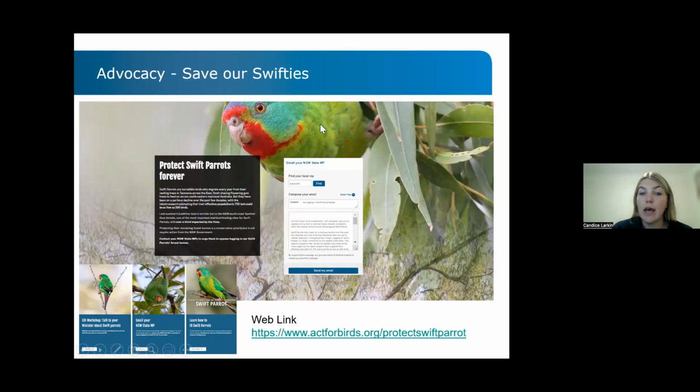And we've also got an email set up where you can compose an email to either your local or your state MP about how they can act through legislation to save these species. And there's an option to type your own message, or there's a preloaded message that you can also integrate in, because the more voices we have lobbying for these birds, the more likely it is that even a local or a state MP is going to get behind protecting these birds as well.